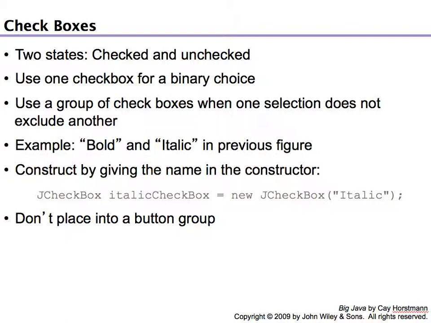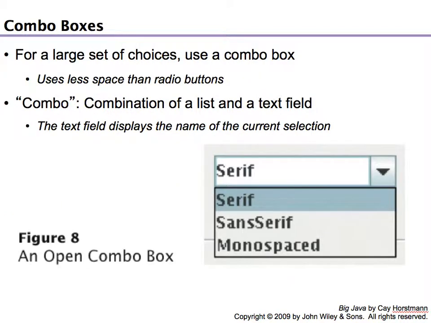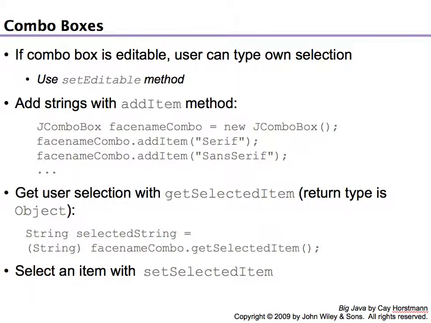Checkboxes have two states, checked or unchecked. A ComboBox gives you a list of choices. The text field displays the name of the current selection of the combo box. You can make a combo box editable, meaning that the user can add their own selection and it gets added to the items.